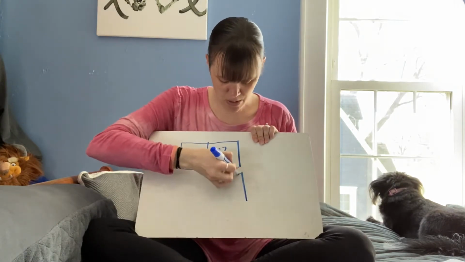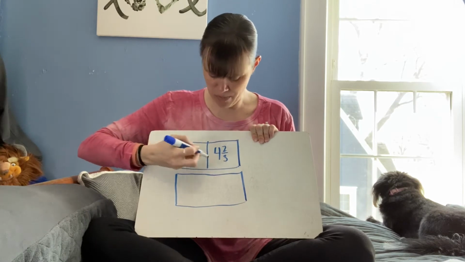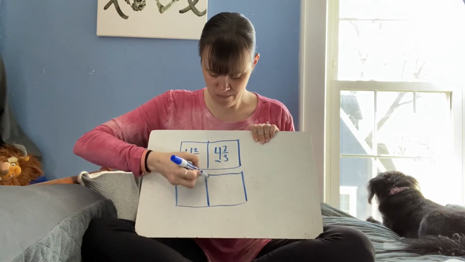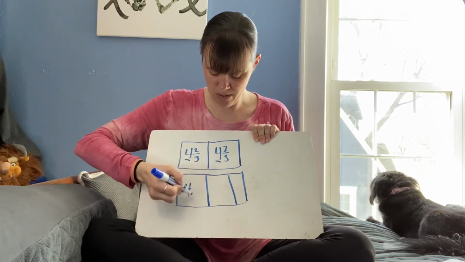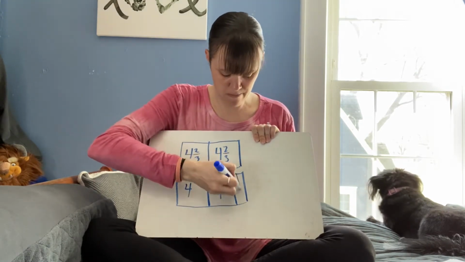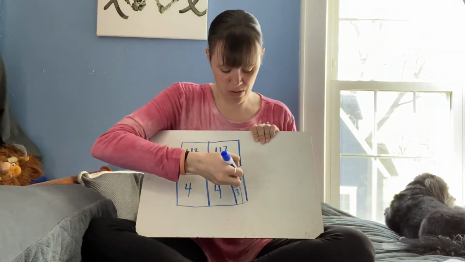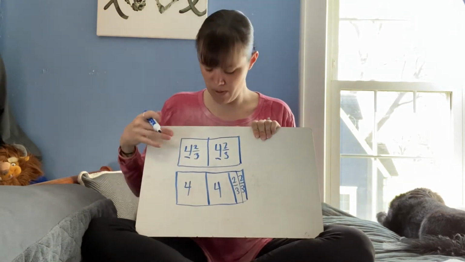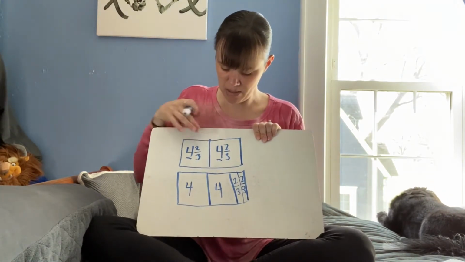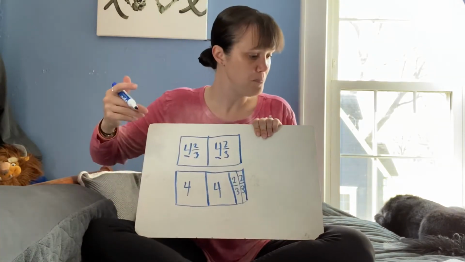Now we're going to show a different way. We are going to pull out our whole numbers. Here's 4, here's 4, and we pull out our whole numbers and we have our two fractions. And these mean the same thing. 4 2/3 twice. 4 twice, 2/3 twice.